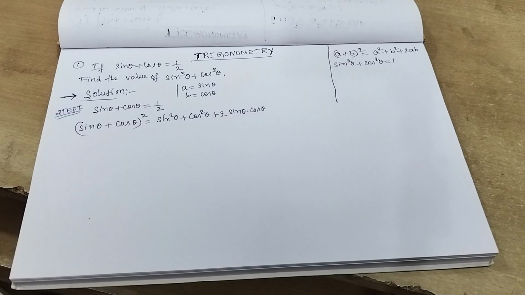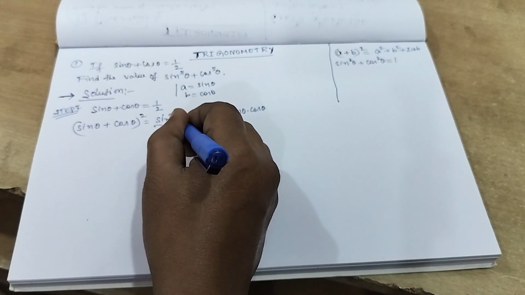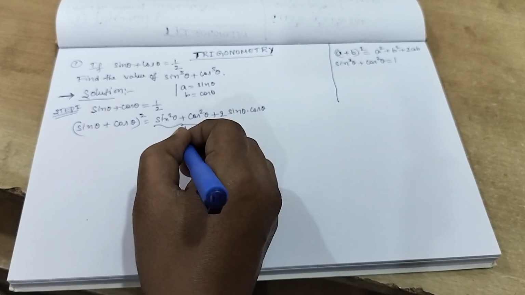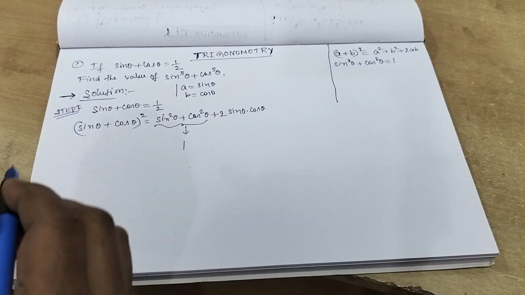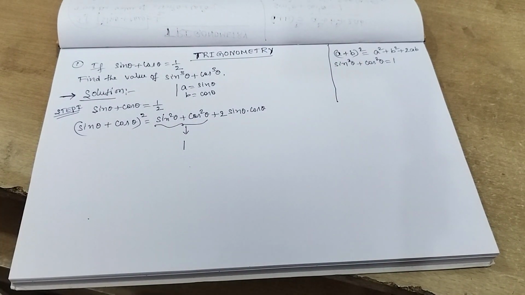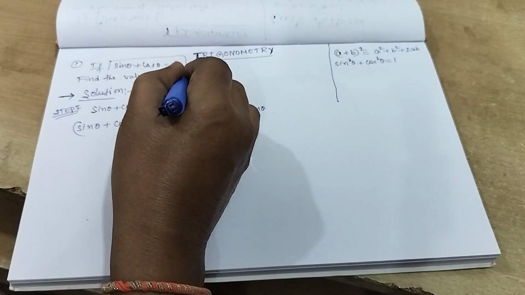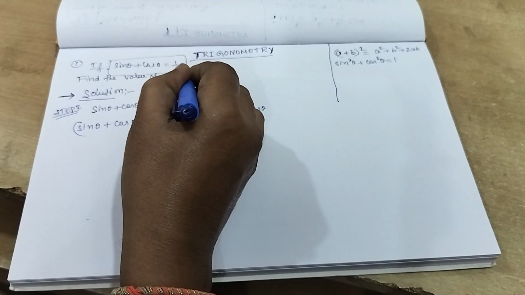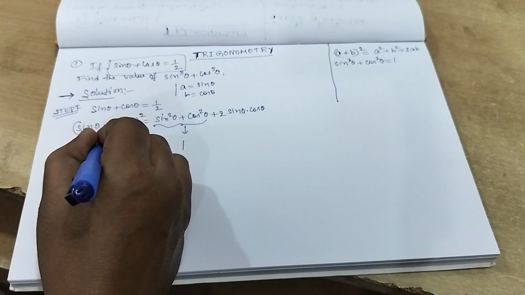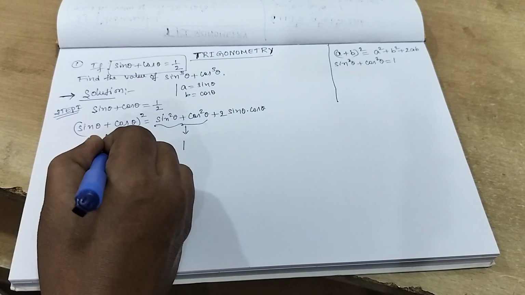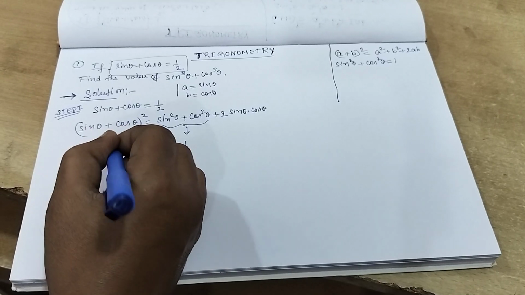This is another identity we use in trigonometry, so I'm going to replace this with 1. And sine theta plus cos theta is equal to 1 over 2, so I'm going to replace it with (1 over 2) whole square.